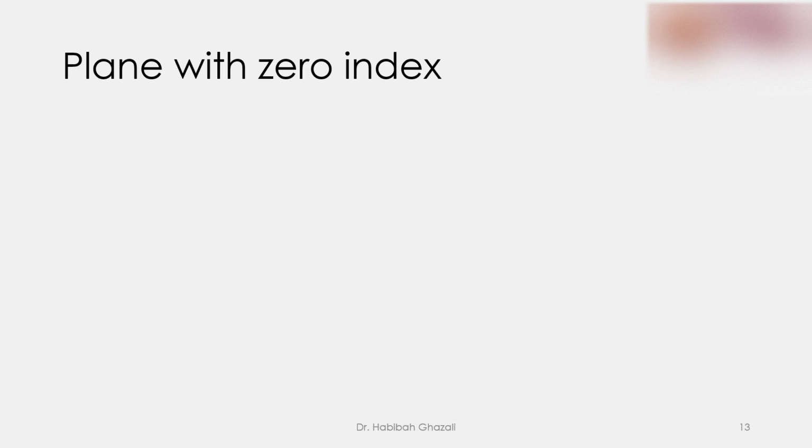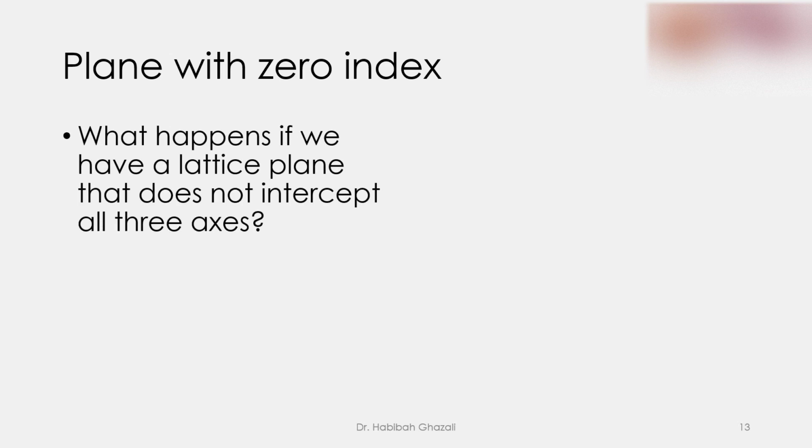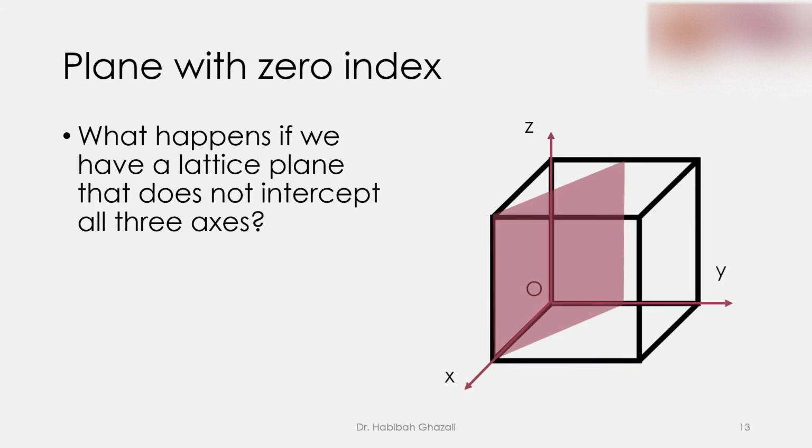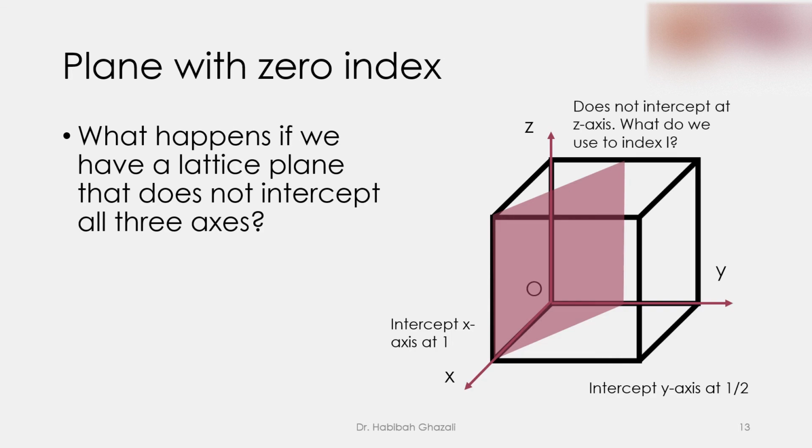All right, so what happens if we have a lattice plane, a crystal plane, that does not intercept all 3 axes? For example, we have this crystal plane and we want to annotate it with Miller indices. How do we do it? This plane intercepts the x-axis at 1, and the y-axis at half, but it doesn't intercept the z-axis.